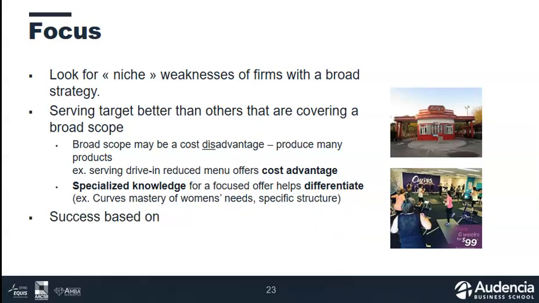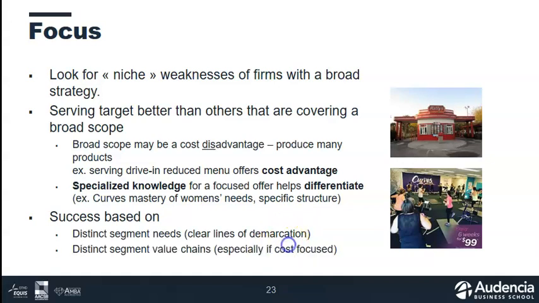Success of this focus strategy is based on a few things. Obviously, you have to have distinct segment needs. Women have specific needs, for example, for Curves, and we can clearly identify women from men that want to exercise at Curves. Distinct segment value chains. Here, probably Rally's has a unique value chain proposition.